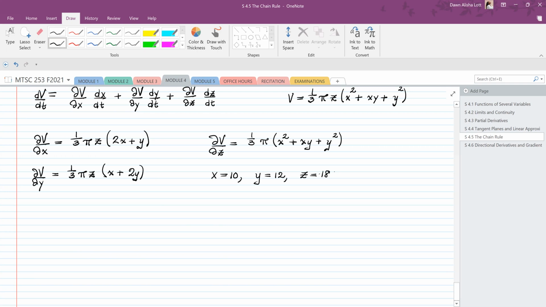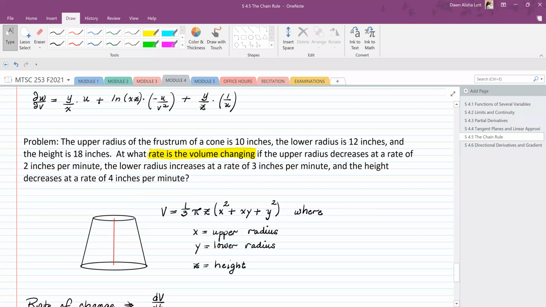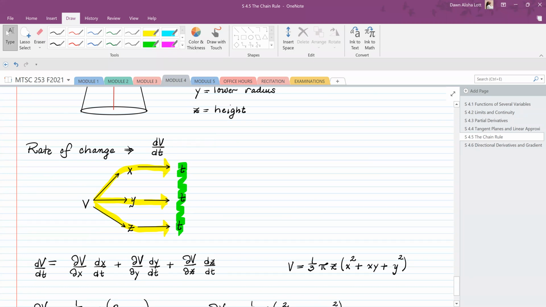Okay, so now they say the upper radius is decreasing at a rate of 2 inches per minute. What are they giving you? The upper radius decreases at a rate of 2 inches per minute. What did they just give you?